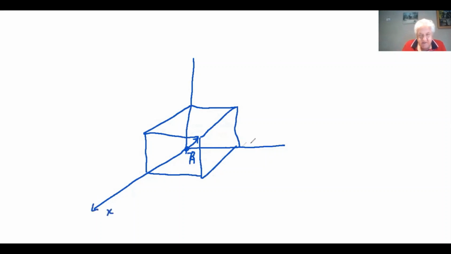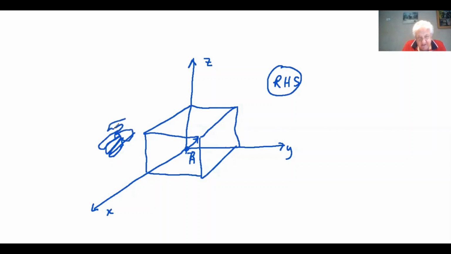This is X, Y, and Z. This, by the way, is a right-handed set, which means you obtain the axes by the right-hand rule. Flatten your hand, point your fingers. Well, I can't draw. I'm going to draw a very bad hand.